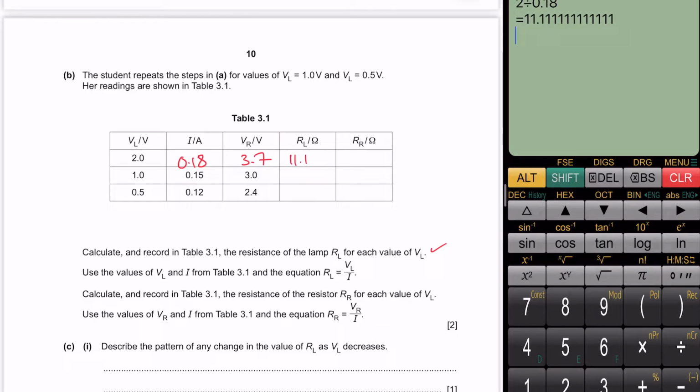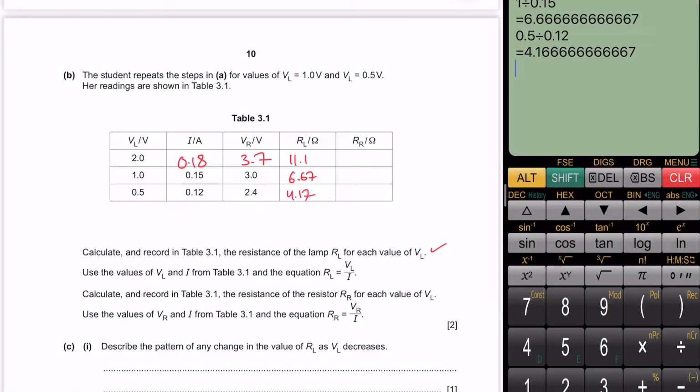And we'll calculate RL. So I'll find RL for all of them. VL over I. So 1 divided by 0.15, 6.67, and 0.5 divided by 0.12, so 4.17.